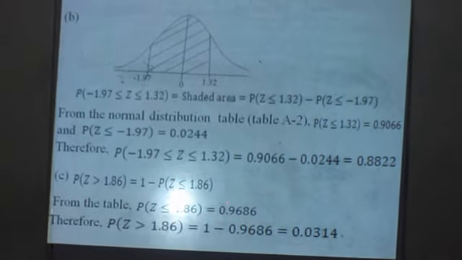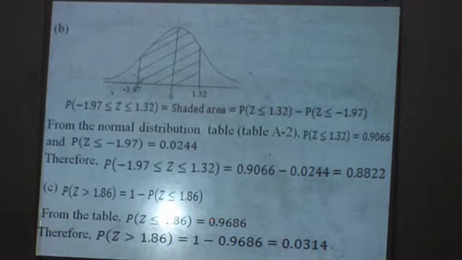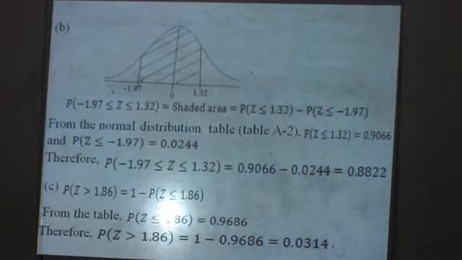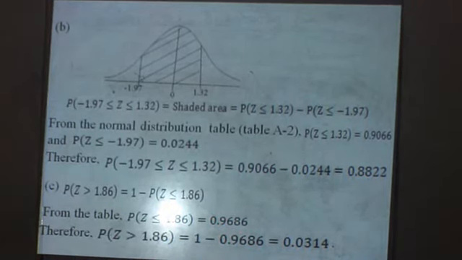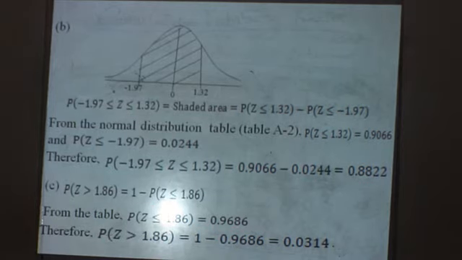When we read from the table, as usual, you first go to the Z column, then trace it down to 1.8, then trace horizontally to the column headed by 0.06. The corresponding value read is 0.9686.